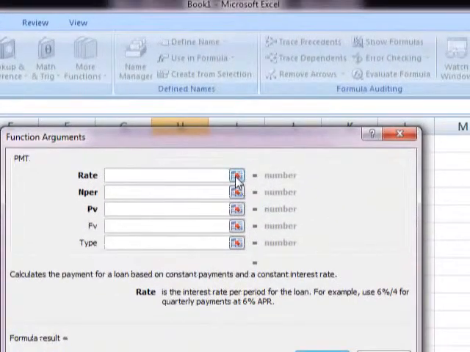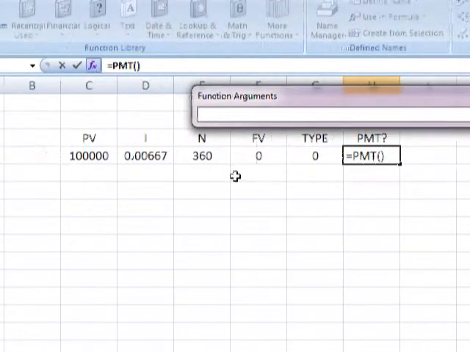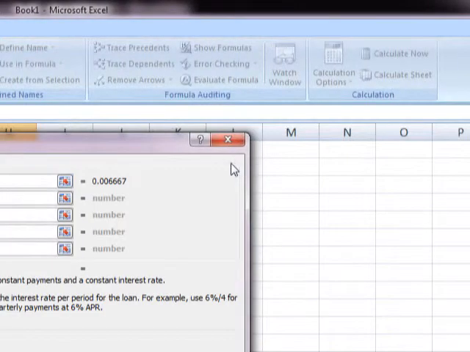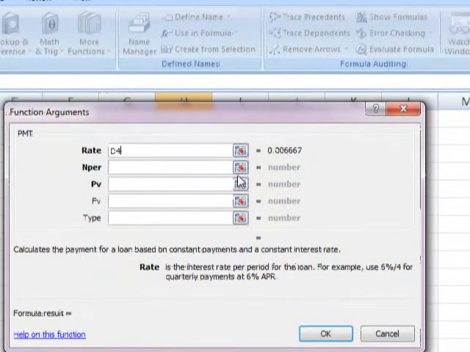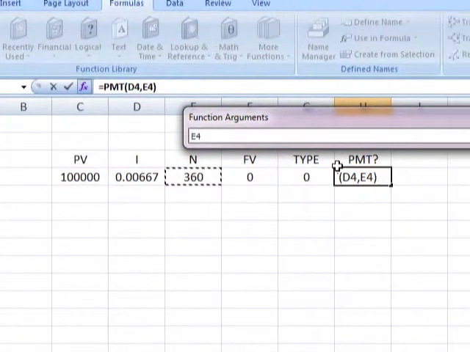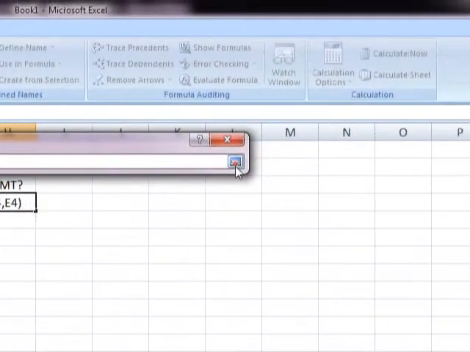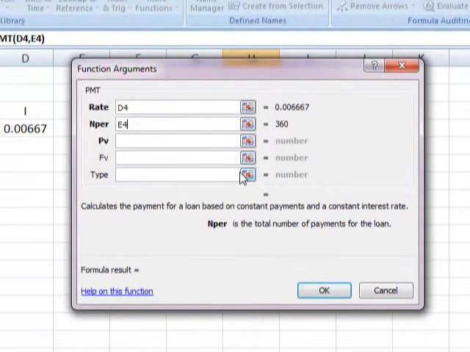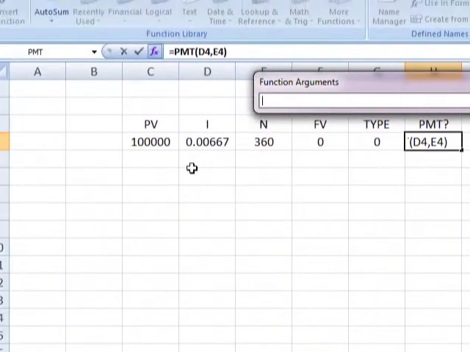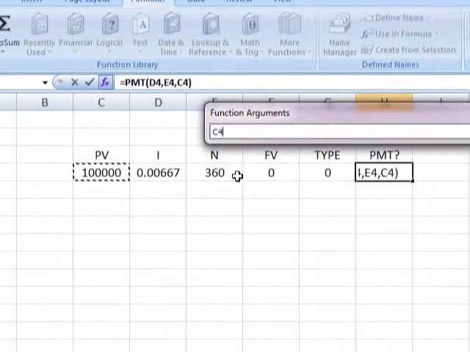Okay, so we're in the payment function. We click on rate. We click here. Number of periods: click on the number of periods, 360. Click here. And present value. We click on present value.